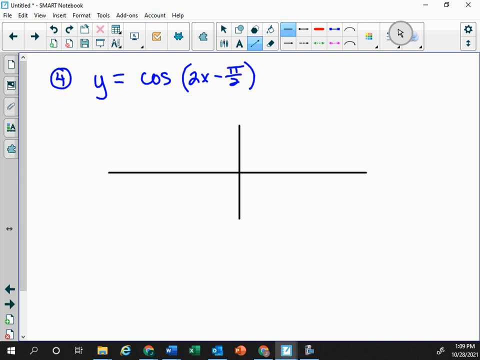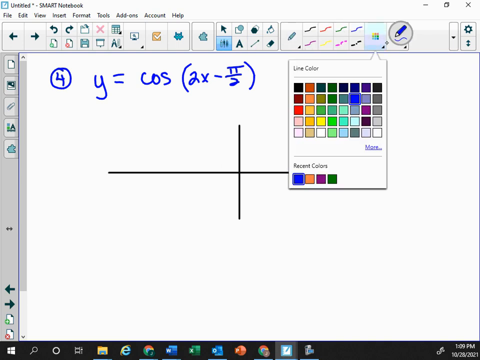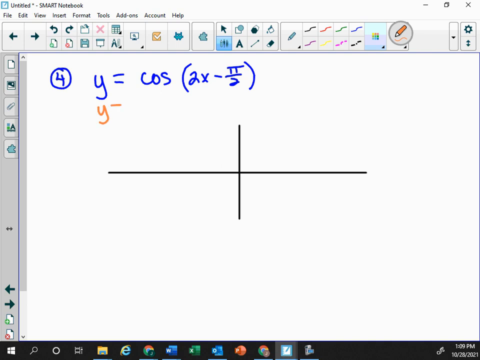Okay, what is different this time? Do you guys see how there's also a phase shift happening? We have both of those things. You must rewrite this in factored form. Anytime there's a coefficient on x, anytime you have that b value, factor it out.